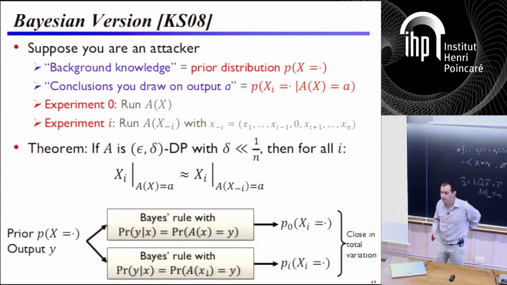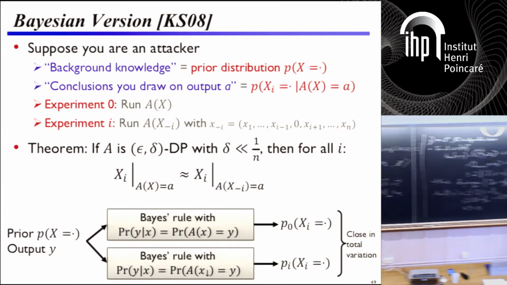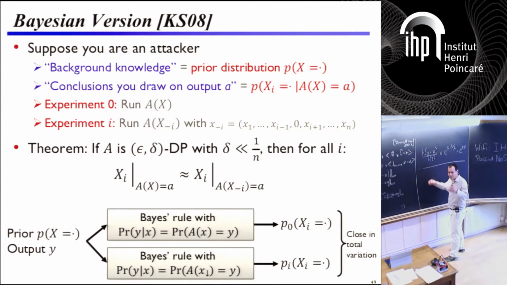Yeah? Another question about the basic definition. So one concern people would have about leaking data is not just what we did with the previous slide. It's not just about leaking my data. Yeah, okay, good. So I didn't mention this, but differential privacy implies some kind of group privacy, if you will.